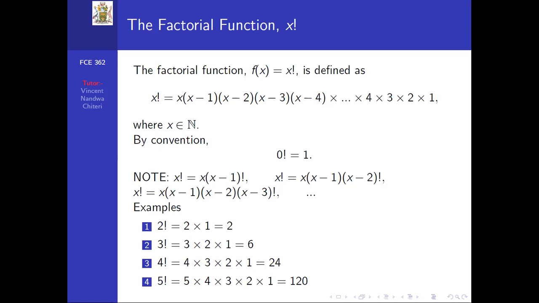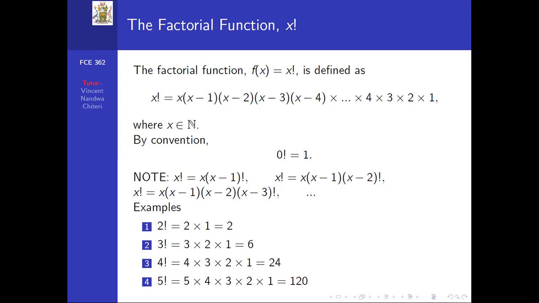The factorial function, or factorial x, is written by this notation and is defined as x times x minus 1, times x minus 2, times x minus 3, up to times 4 times 3 times 2 and then times 1. In this definition, we take x to be a natural number.